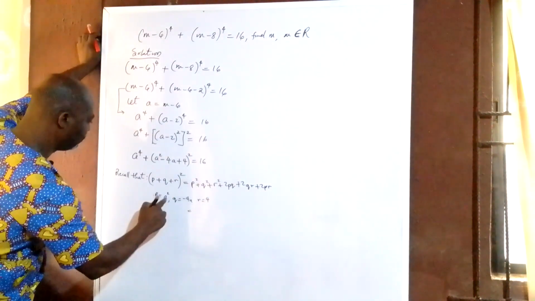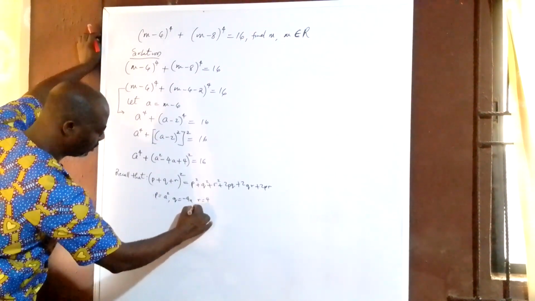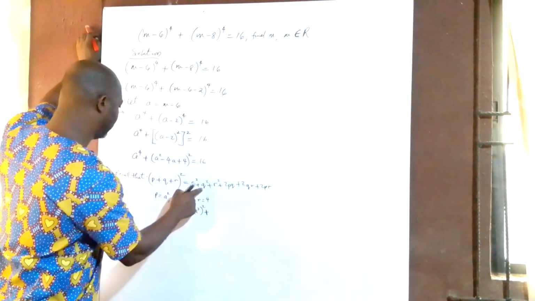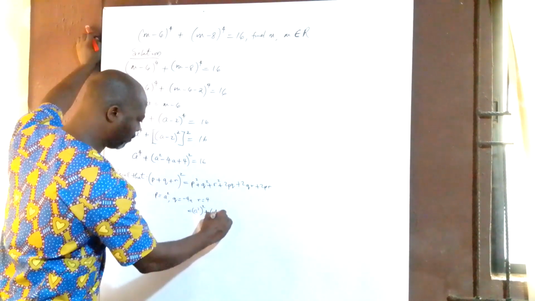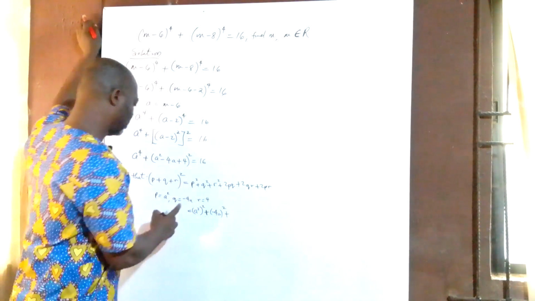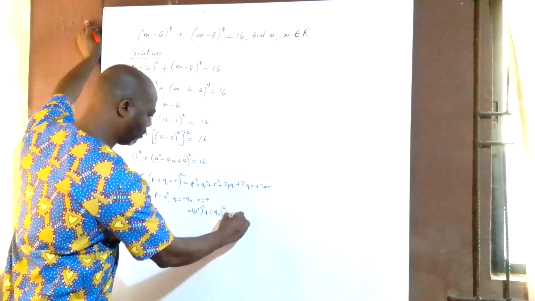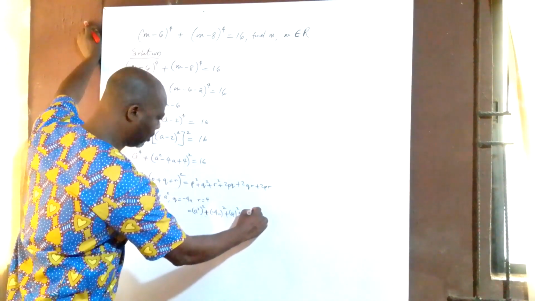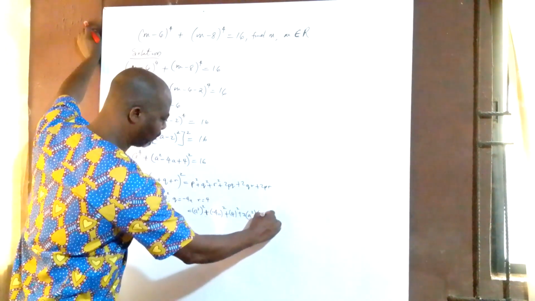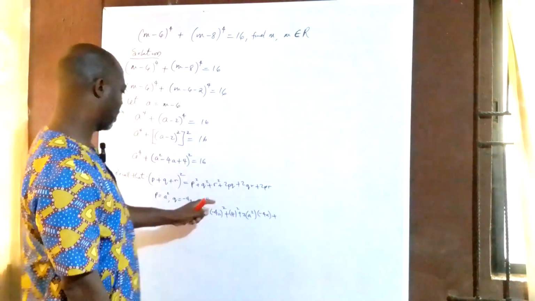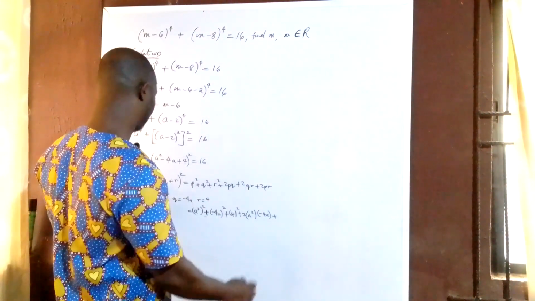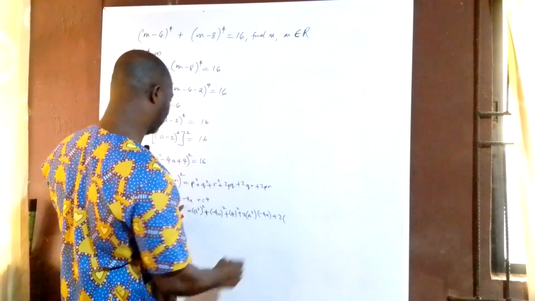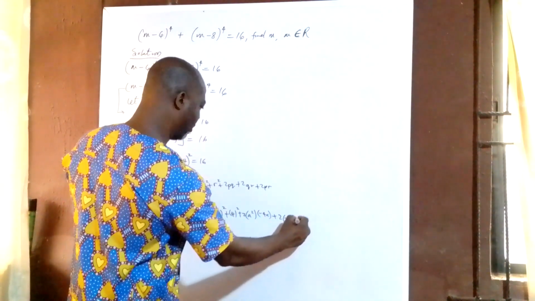Substituting all these values will give p^2, that will be (a^2)^2, plus q^2, and q is −4a, that will be (−4a)^2, plus r is 4, that will be 4^2, plus 2pq, that is 2 times a^2 times −4a, plus 2qr, q is −4a and r is 4.